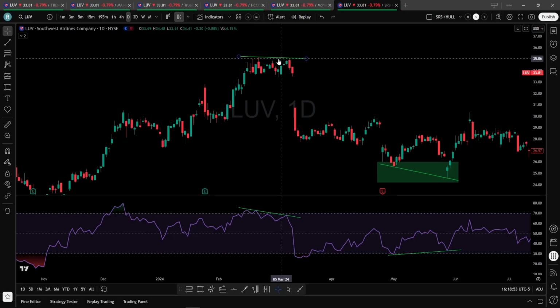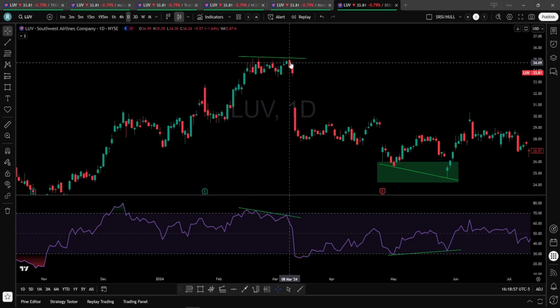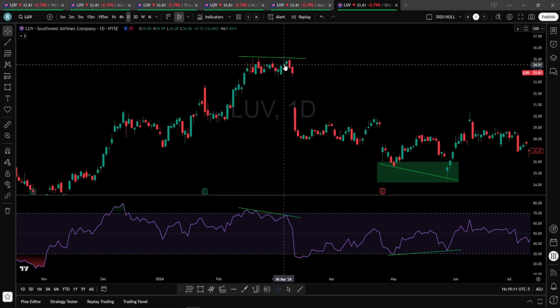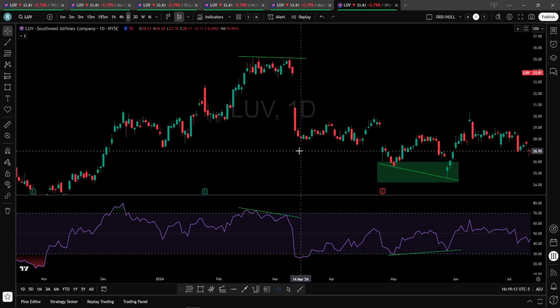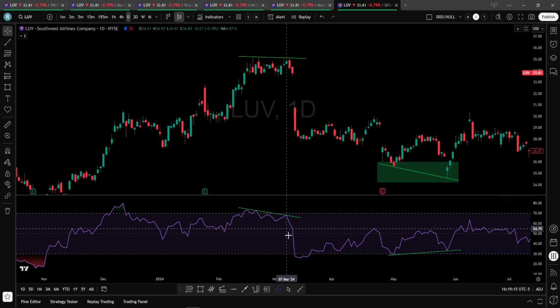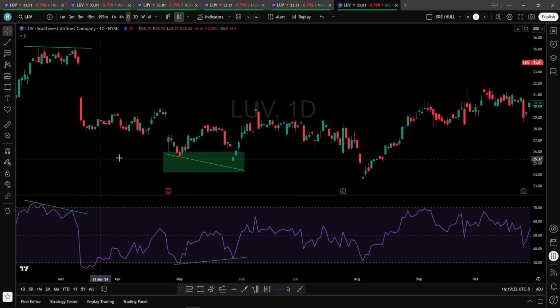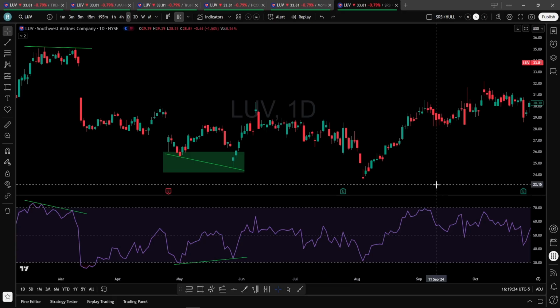Even though the price may be somewhat at the same level, the strength here is weaker than here. It's like looking under the hood and seeing what's really happening between the bulls and the bears and being prepared for it. And as you can see here, in a couple of days, it had severely gapped down to the point of even going oversold, as shown here. Okay, so that wraps up bullish and bearish divergences.